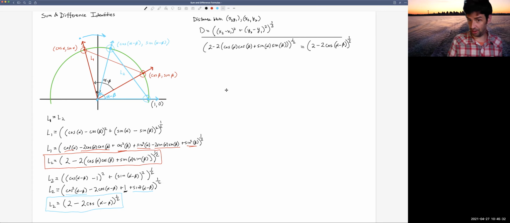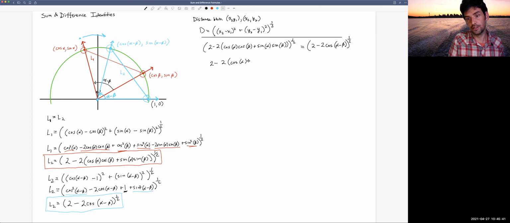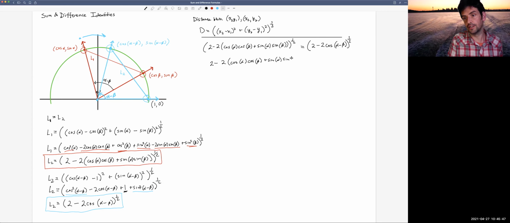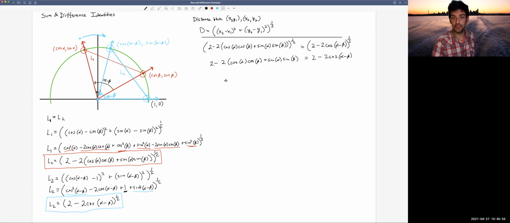All right, now we do some simple algebra. We're going to square both sides. So we get rid of those 1/2 powers. So I've got 2 minus 2 times cosine alpha cosine beta plus sine alpha sine beta is equal to 2 minus 2 cosine alpha minus beta. Well, now we have a couple simple things to do. Subtract 2 from each side, so that'll cancel both of these 2's.